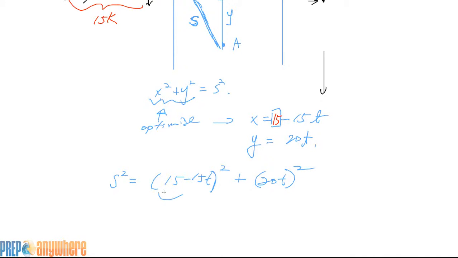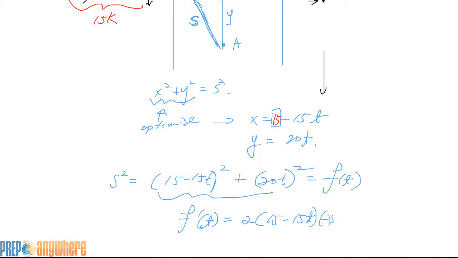And what you want to do is optimize it, which is not hard. Let me call this f of t, a function of t, and I'm going to differentiate the function of t. Like that. This is what you get.